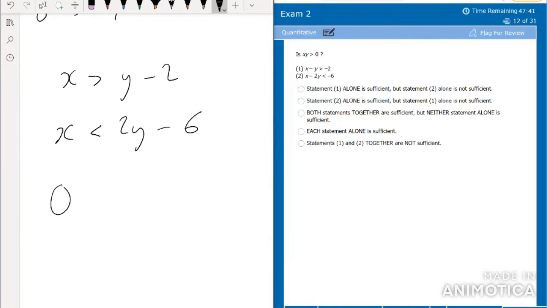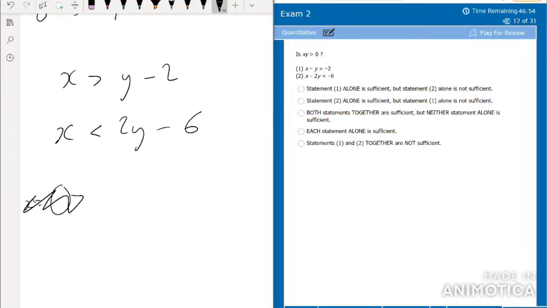So why don't we just try x equals 0 and y is... so 0 is greater than... Okay, no, not liking that.